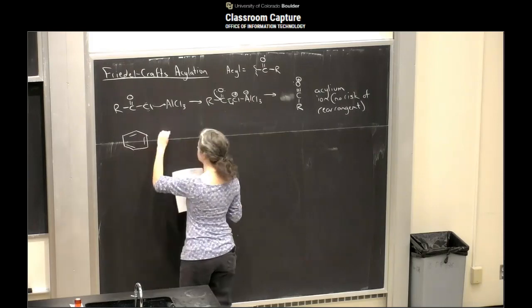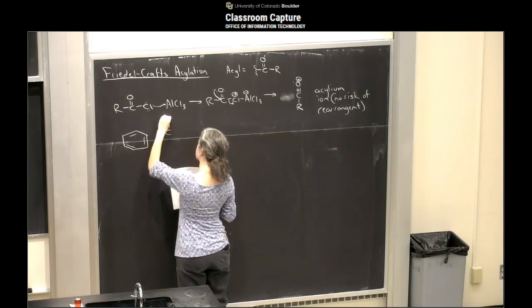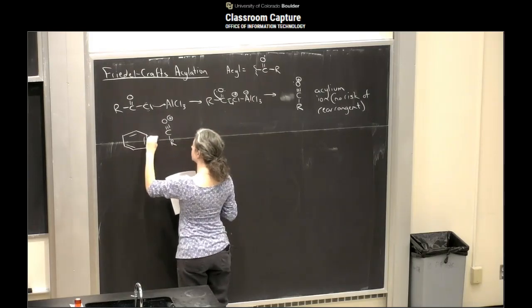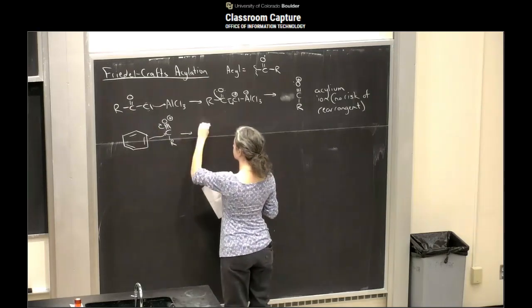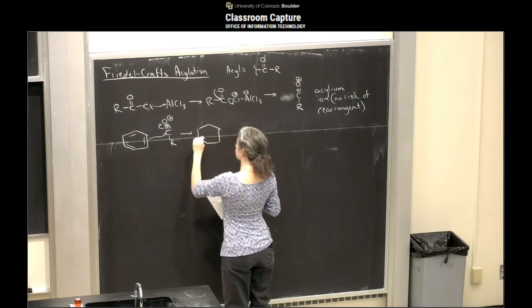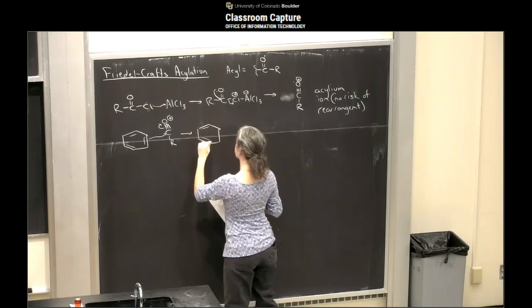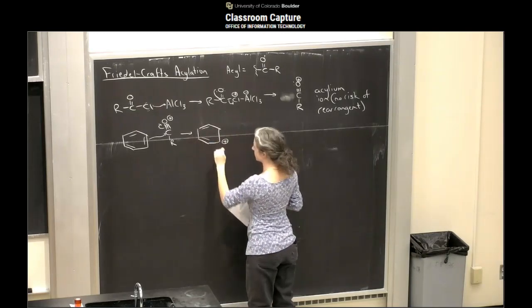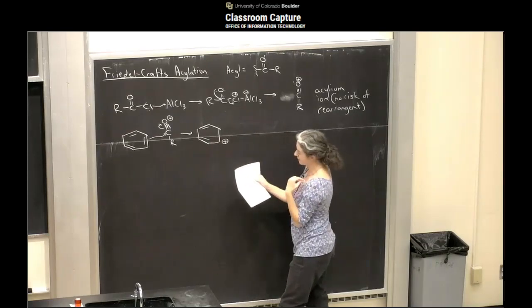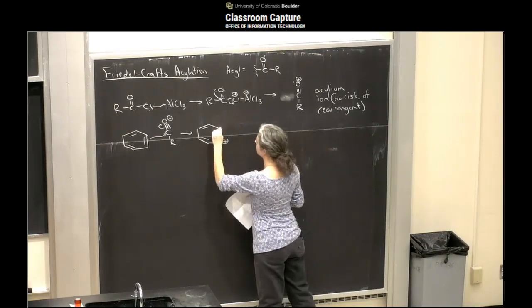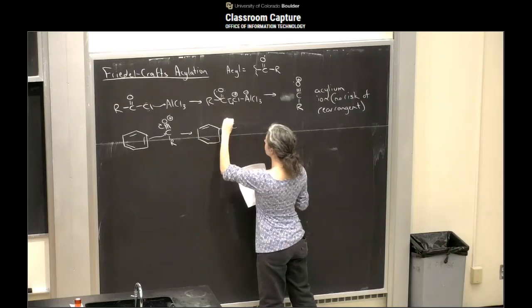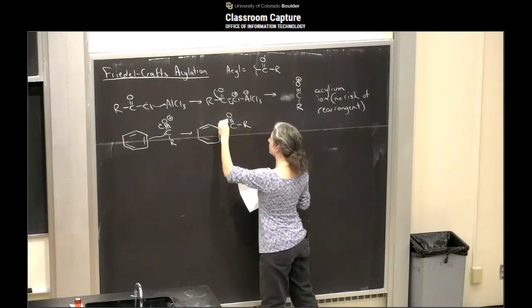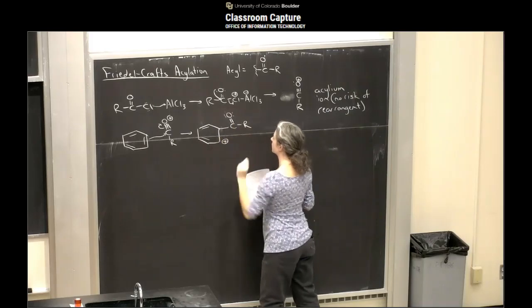Ring gets involved. That breaks up. I guess based on where I drew the double bonds in that ring, I'm just going to show locations here, but it's like that.